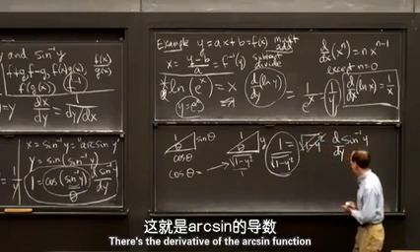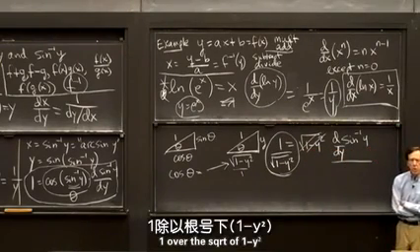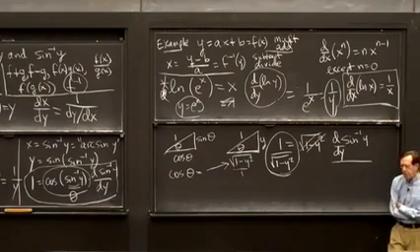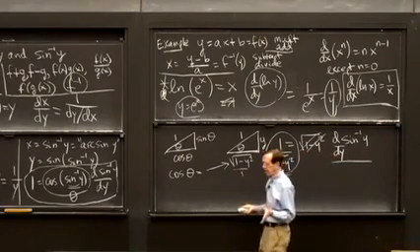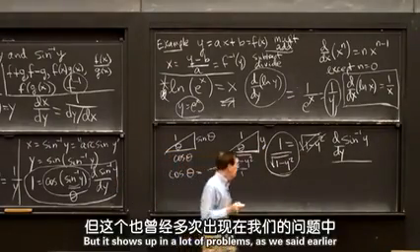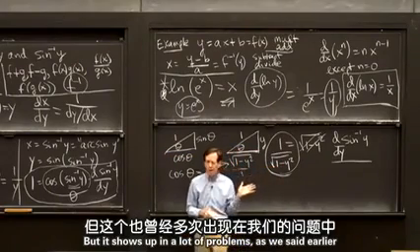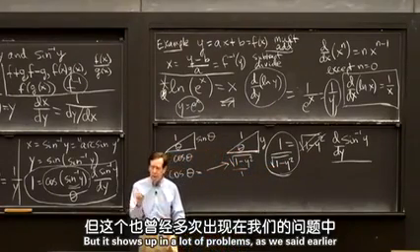There's the derivative of the arcsine function. 1 over the square root of 1 minus y squared. Okay. It's not as beautiful as 1 over y. But it shows up in a lot of problems.